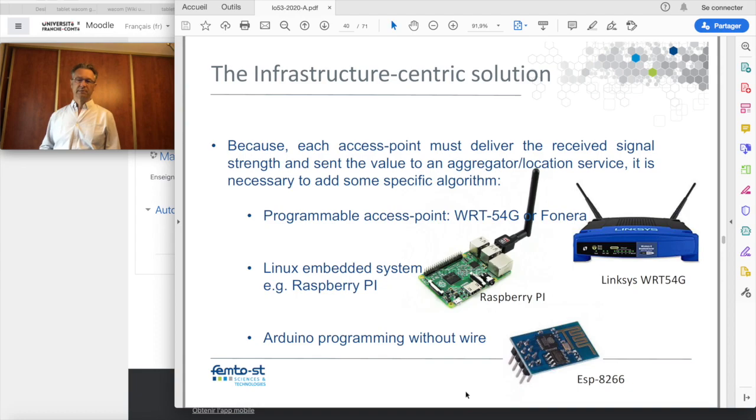And now there is also another solution like the ESP8266 that you can program with the Arduino IDE. In this microcontroller you have a Wi-Fi unit included, and you can program this component as a mobile device, but also as an access point.